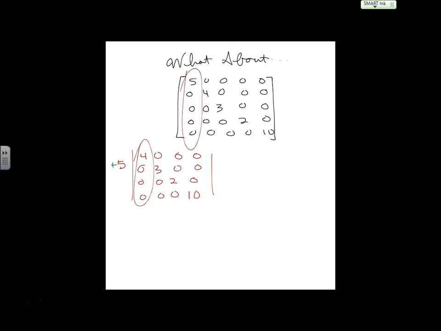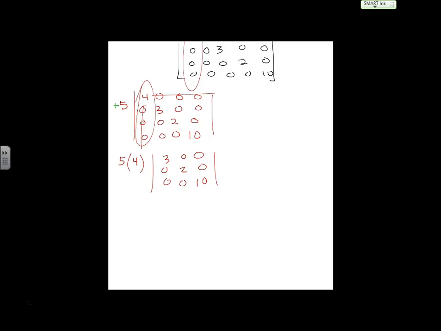Now we do the 4, 0. Isn't the 5 going to be positive? And what's left? 3, 0. And then you have to do 5 times 4 times 3 times 2 times 10. That's not healthy. Wait, seriously? It's really that cool?